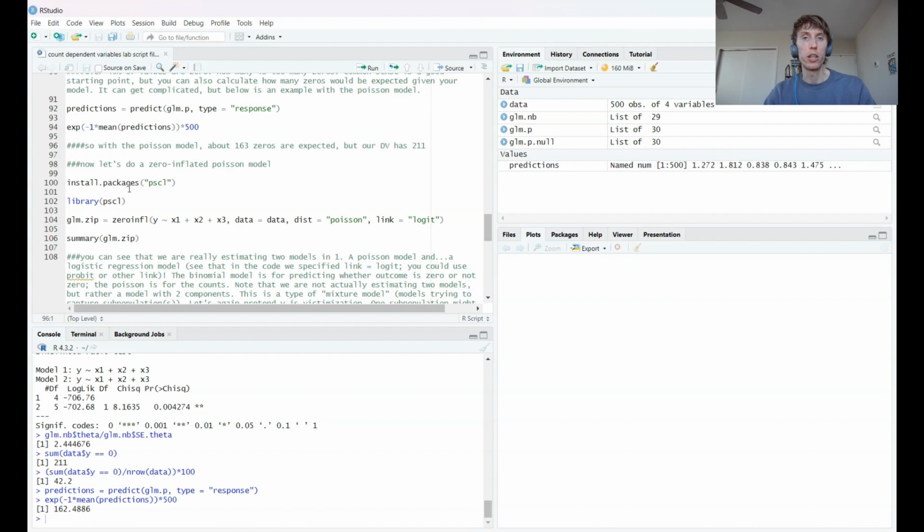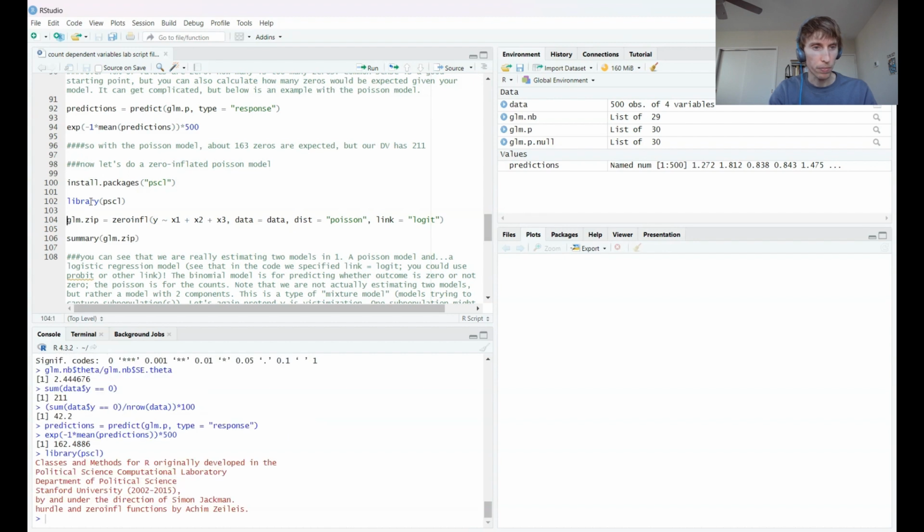And basically you can just do a version that's a counterpart to Poisson and negative binomial. So you can do zero-inflated Poisson and zero-inflated negative binomial, or that's what we're going to do here. So you may need to install this new package that we're going to use.